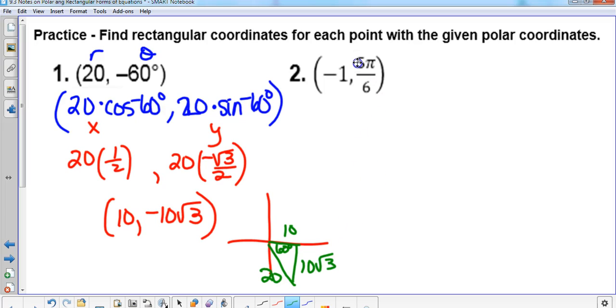Okay. This is very uncomfortable for us because r is negative. Let's just try it and see what happens, okay? So we're going to say r cosine of 5 pi over 6 will be negative 1 times cosine at 5 pi over 6. Somebody?